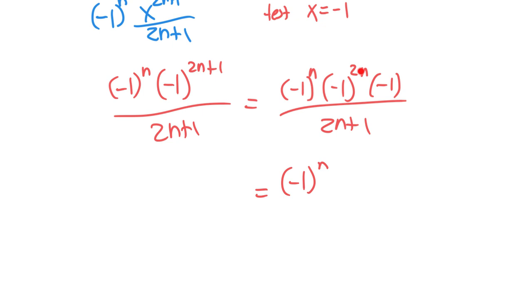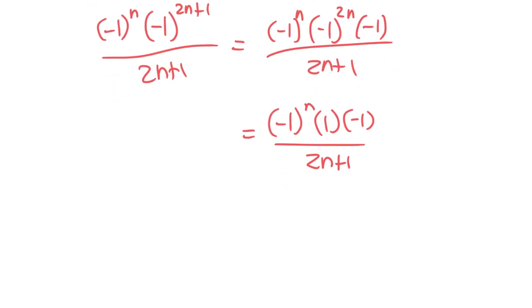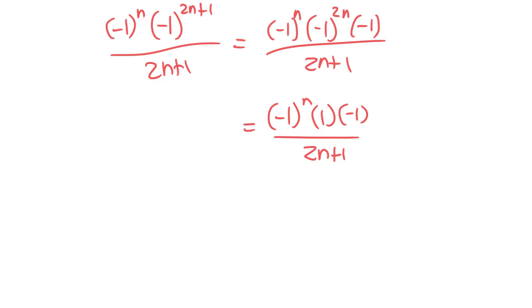Anytime you have -1 raised to an even exponent, it's going to just be a positive one. So I'll write that. Then we have a -1 here. So we have 2n plus 1. So you have this blue thing, and this yellow thing. I'm going to put both of them off to the side. And over here, I will have this.